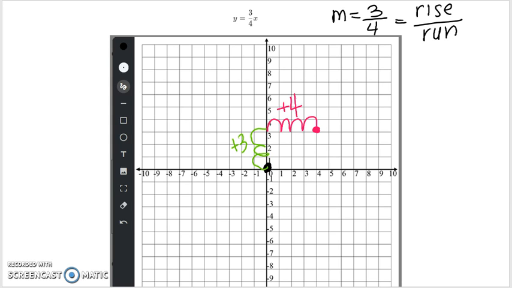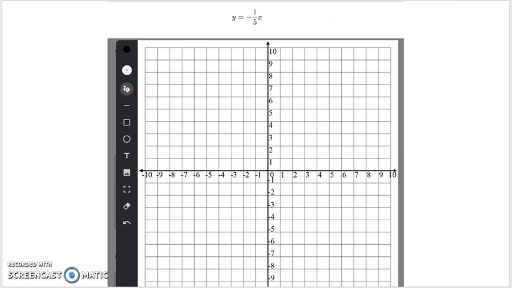So I went up 3, over 4, and now I can go ahead and graph my line that goes through these points. And there you have it. So again, all you have to do is use that rise and that run and graph your second point, because we only need 2 points to form a line.